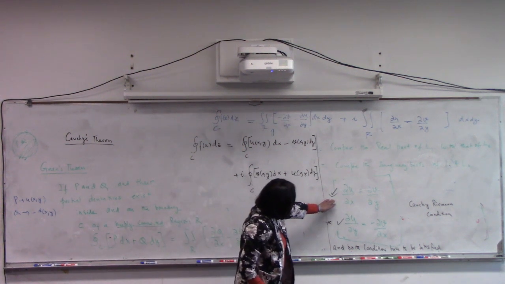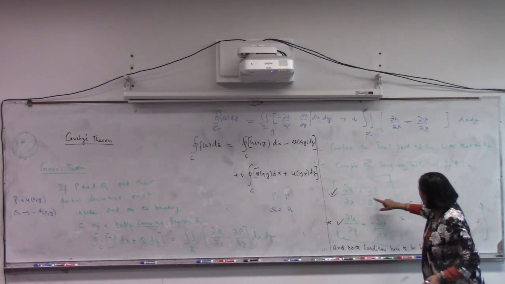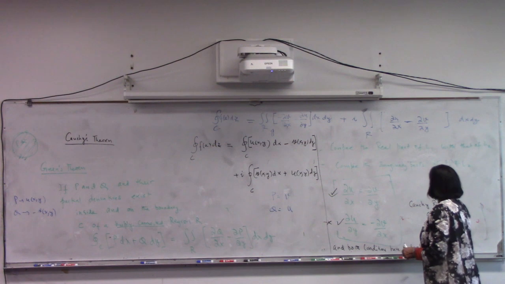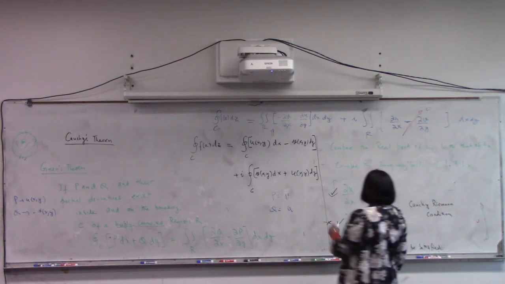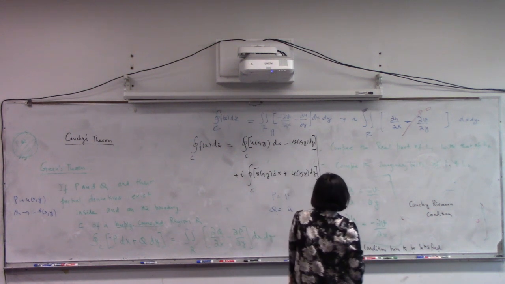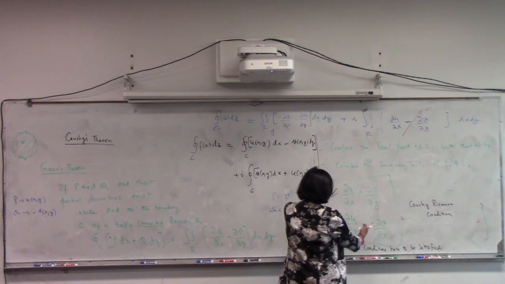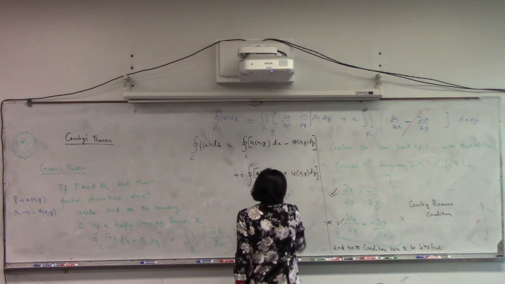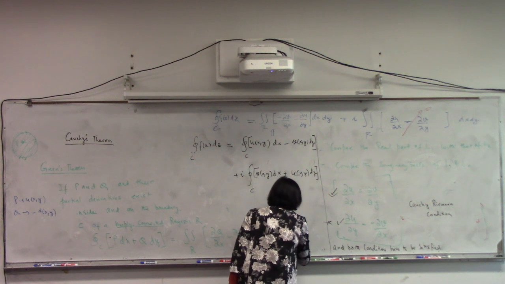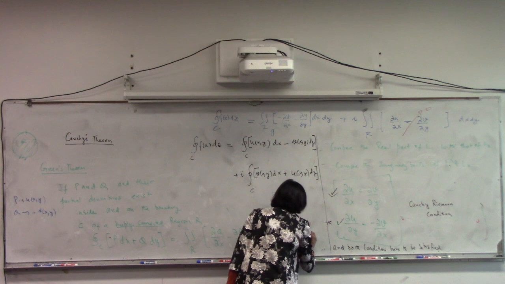Now from the Cauchy-Riemann condition, what do we know? We know that partial u with respect to x and partial v with respect to y are equal, so this term is 0. And we also know that partial u with respect to y plus partial v with respect to x equals 0.